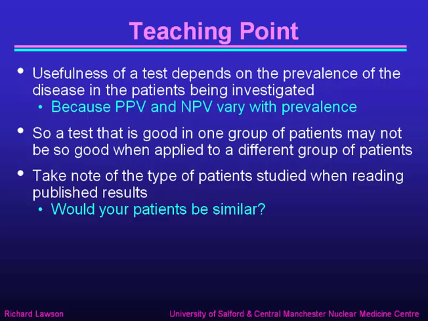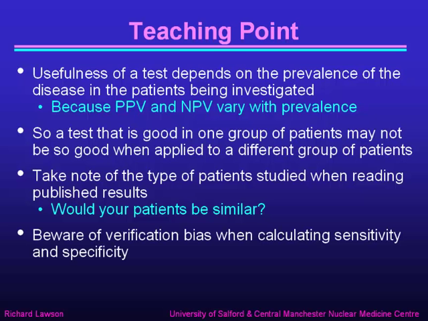If your patients are not a similar group with a similar prevalence, then your positive and negative predictive values will be different. And finally, beware of verification bias when calculating sensitivity and specificity in any series that you do yourself, if the result of your test influences who goes on for the gold standard follow-up test. So that concludes part 4 of this lecture.